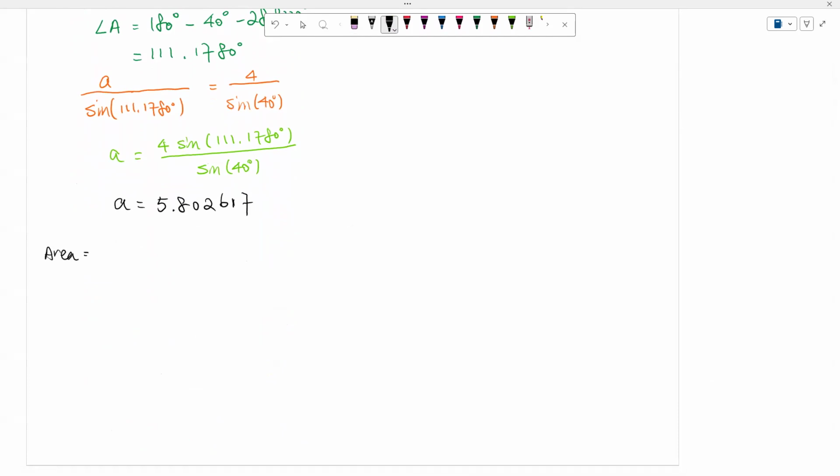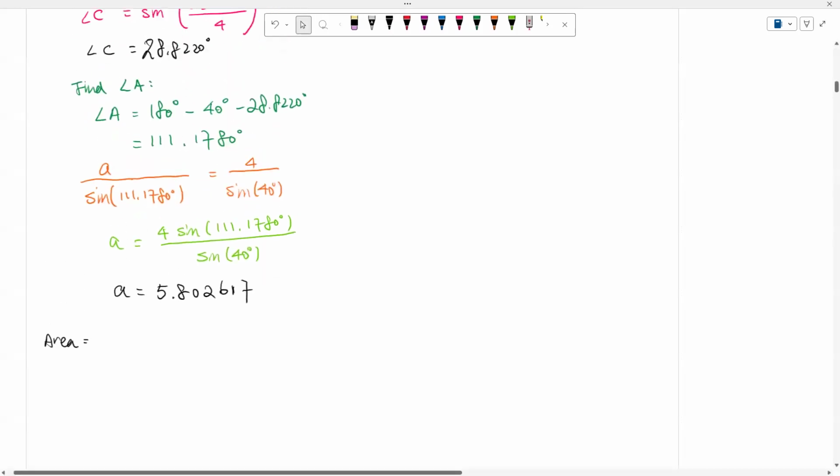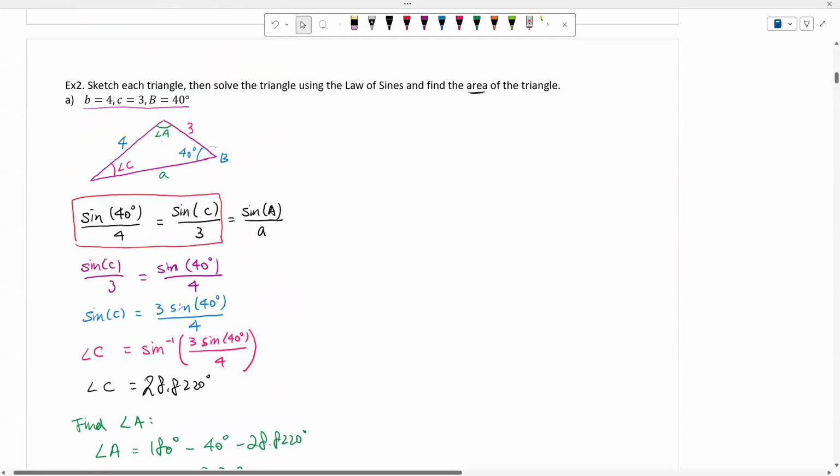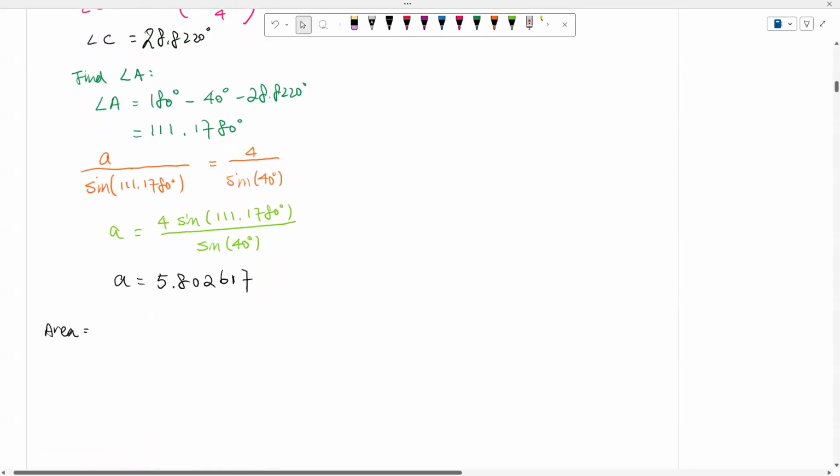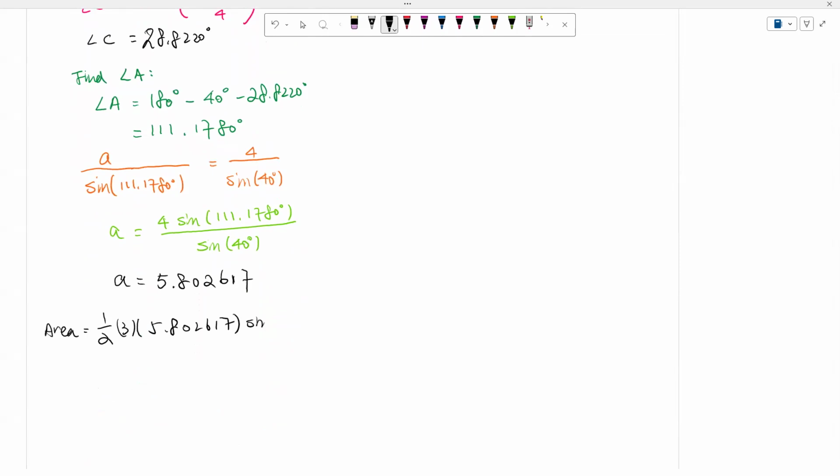In this case, we could use the area of the triangle formula, using this 3 right here, the 40 degrees right here, and the length A. Which is 1/2 times 3 times 5.802617 and sine of 40 degrees.